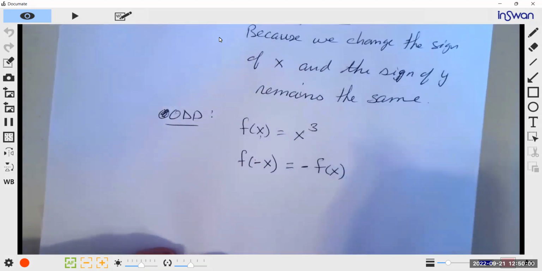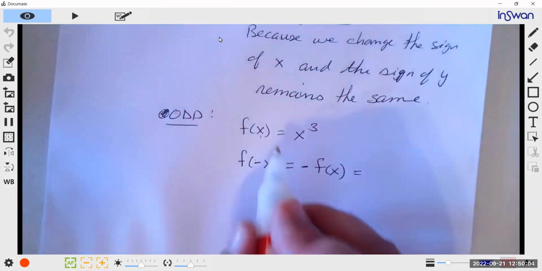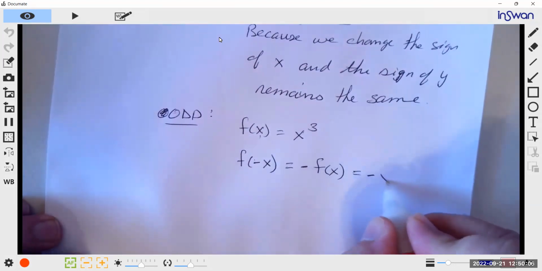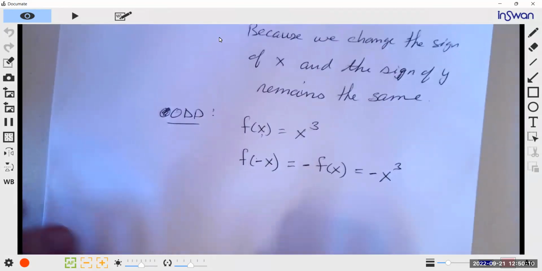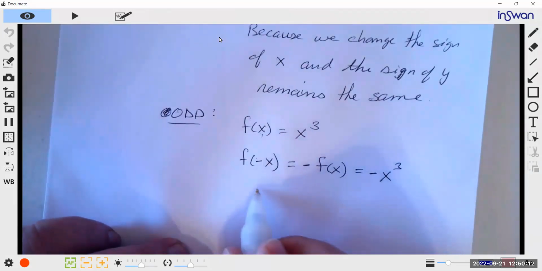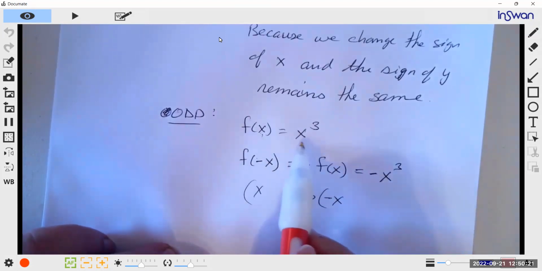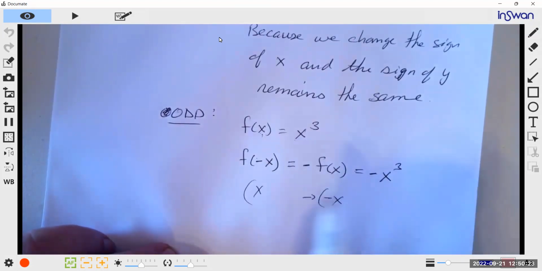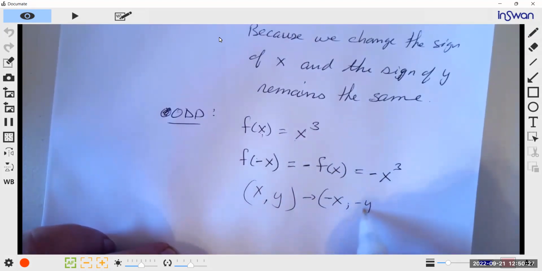So what's happening here? We know what f of x is, so we're changing x to negative x, and y is going from positive to negative. So y is also changing signs.